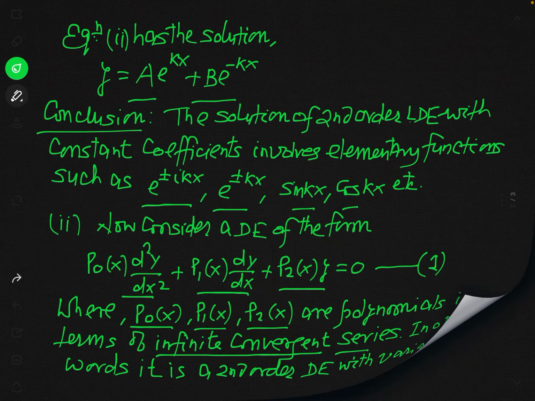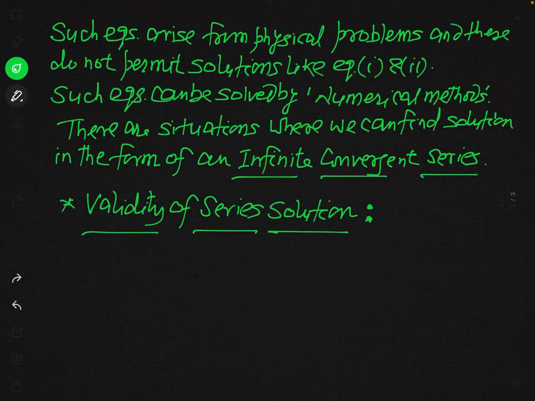Or in other words, you can say that it is a second order differential equation with variable coefficient. So, how will these equations be solved? As I have told you, such equations arise in physical problems when you study physics, when you deal with problems like hydrogen atom, linear harmonic oscillator, rigid rotator, and many others.